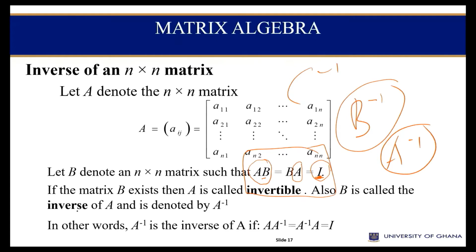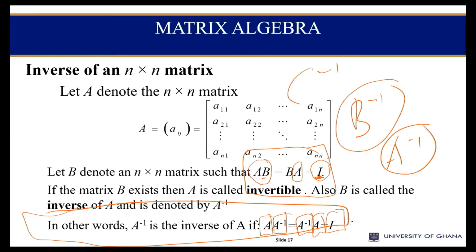So look here, look at the last one here. I'm saying that, in other words, A inverse is the inverse of A if and only if I'm getting an identity matrix as my answer. It means that A, which is a given matrix, times A inverse is the same as A inverse times A, to give me an identity matrix.